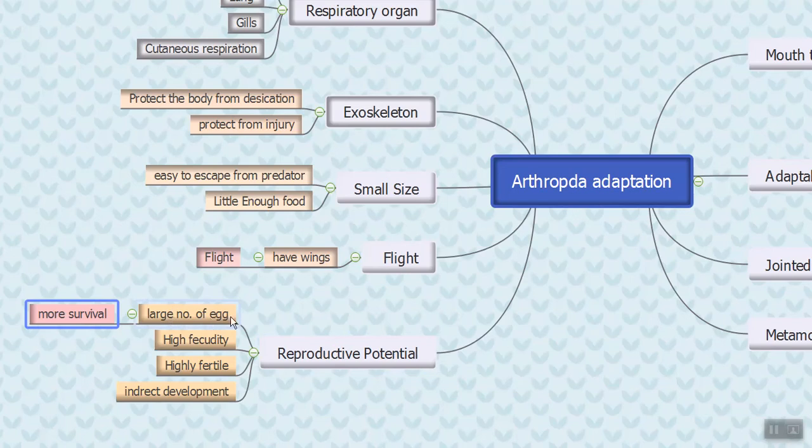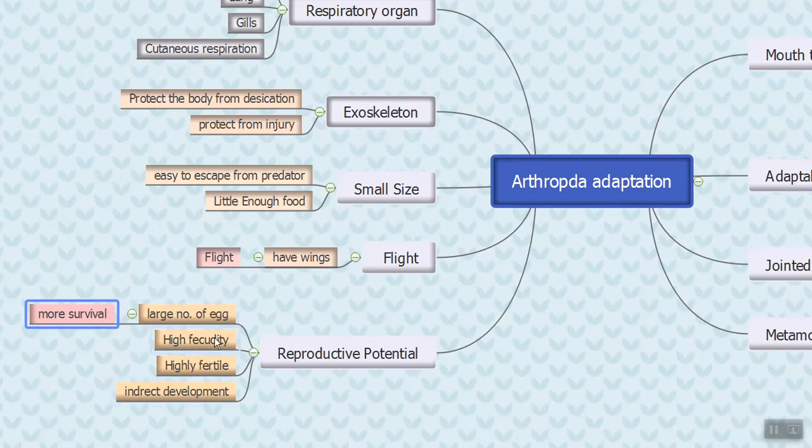They reproduce a large number of eggs, and that potential of producing many eggs is called fecundity. They have a high fertility rate, and since they produce a large number of eggs, even if some of the eggs get damaged or are eaten by other animals, many of the eggs will still survive.